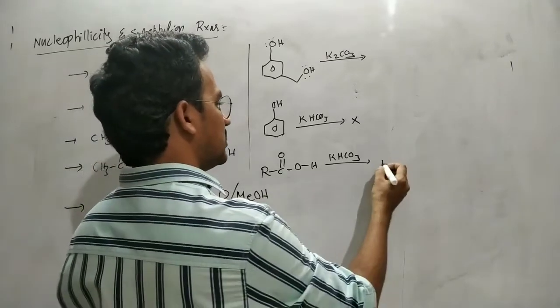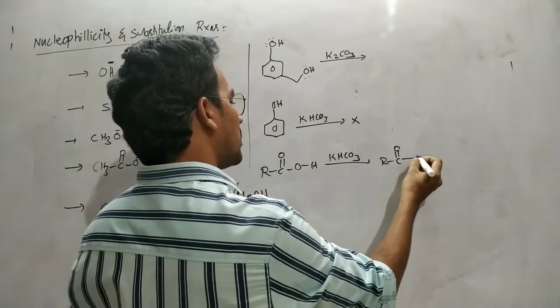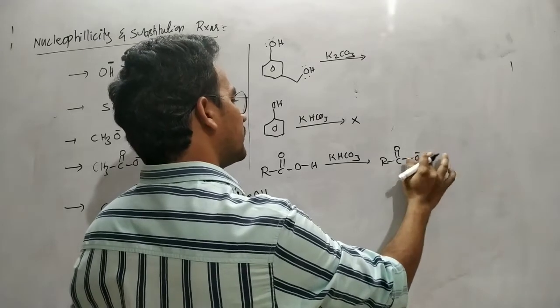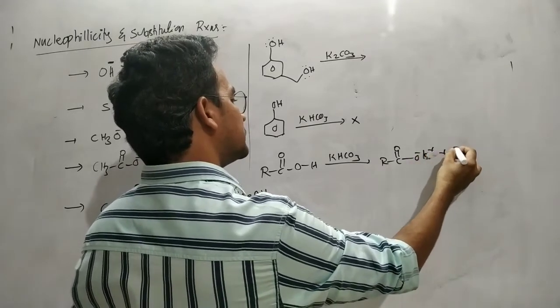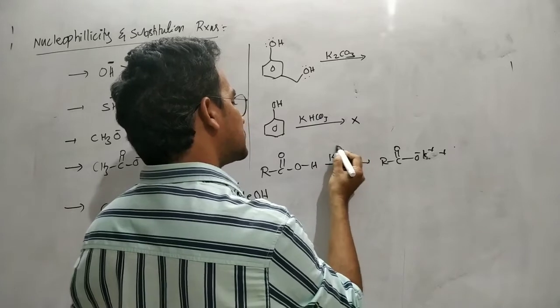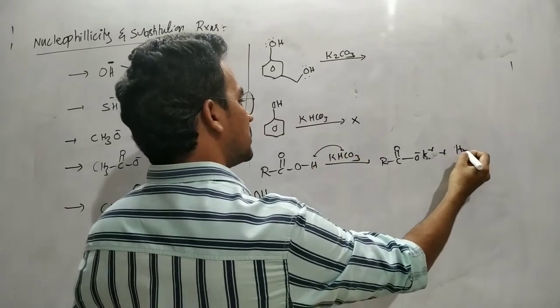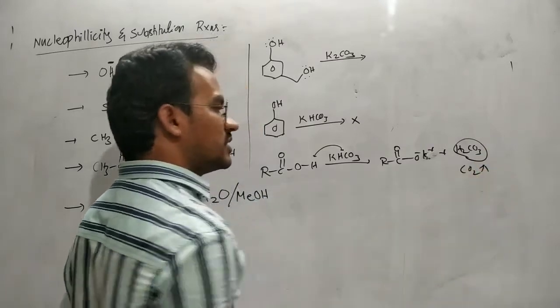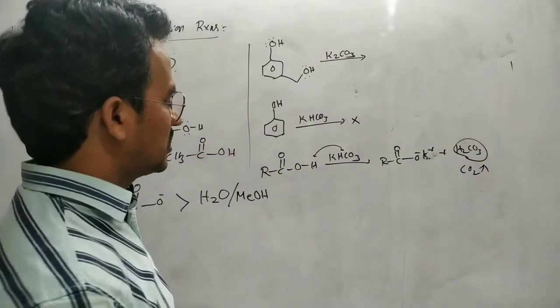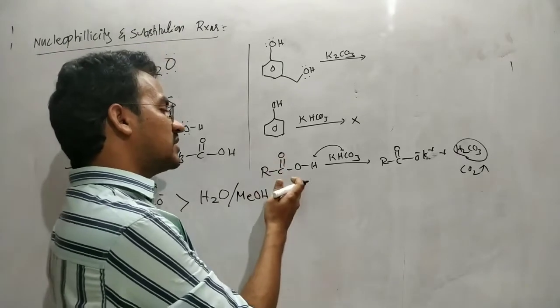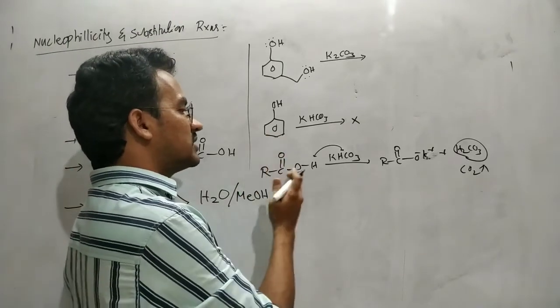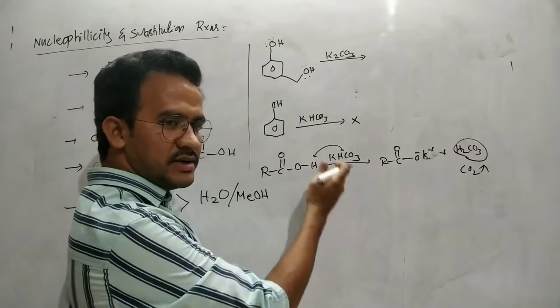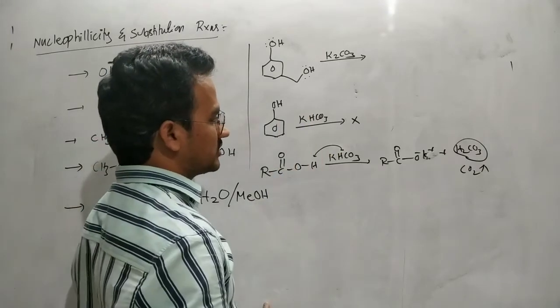So here we get RC double bond O minus K plus, and HCO3 minus accepts the H plus, so that becomes H2CO3, which means there is evolution of carbon dioxide gas. Because carboxylic acid is more acidic than phenol, the carboxylic acid can decompose potassium bicarbonate.